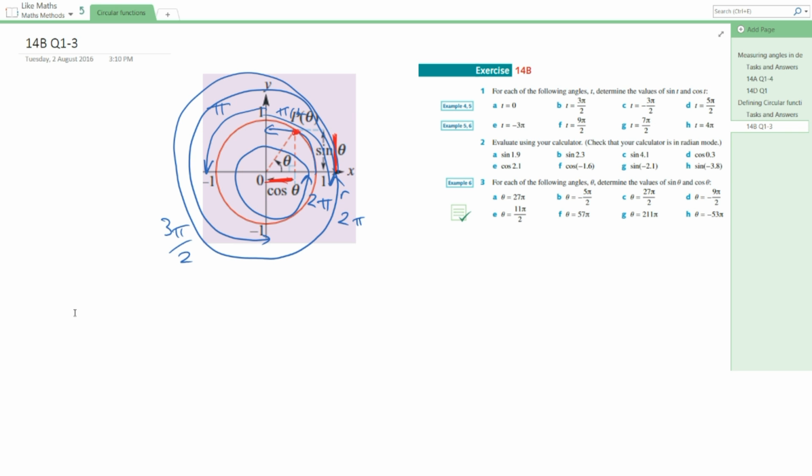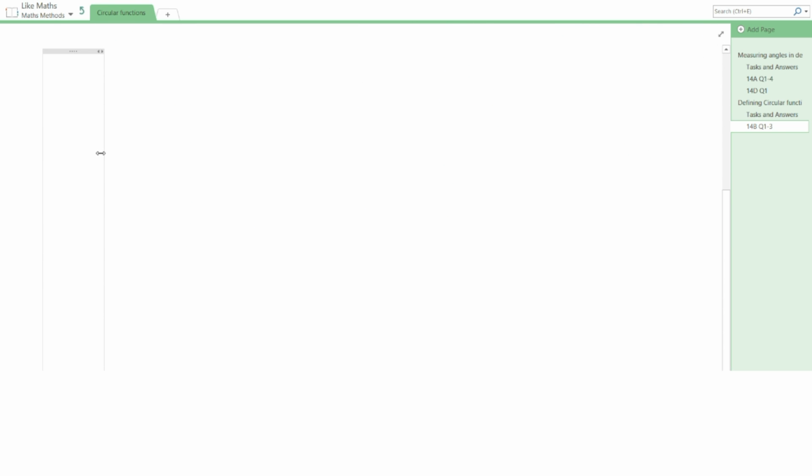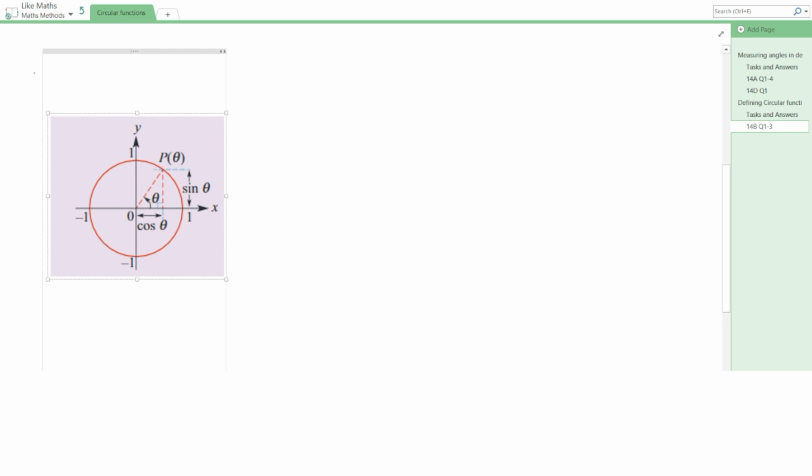Let's give us a bit more space here. Like in the diagram above, actually I'll just grab a clean one of those. So we're now on question 1a.